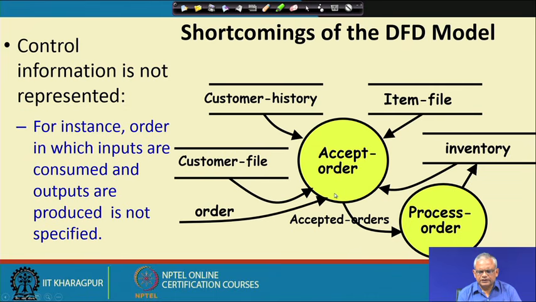This is especially important in case of real time systems, where the timing issues need to be analyzed. For example, do these two bubbles execute in parallel or do they execute sequentially?